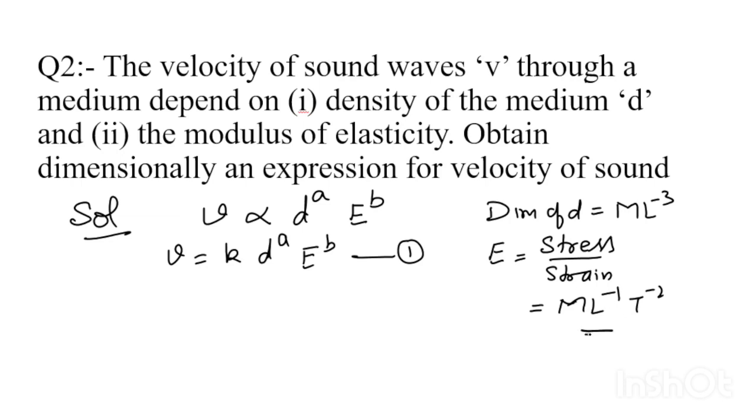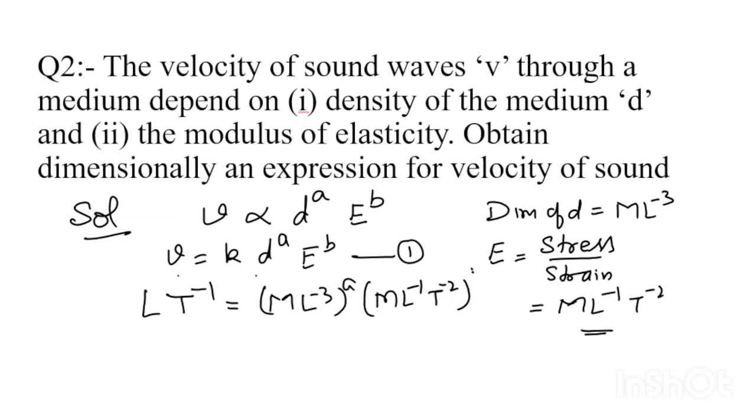So the dimension of elasticity is ML power minus 1 T power minus 2. Now we put the dimensions of V, D and E. On the left hand side we write LT power minus 1. On the right hand side, in place of density we write ML power minus 3 whole power A, and modulus of elasticity ML power minus 1 T power minus 2 whole power B.